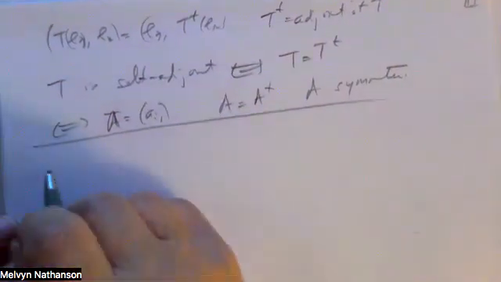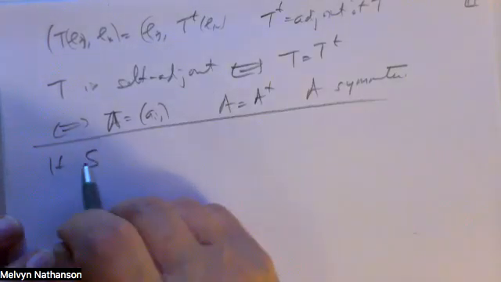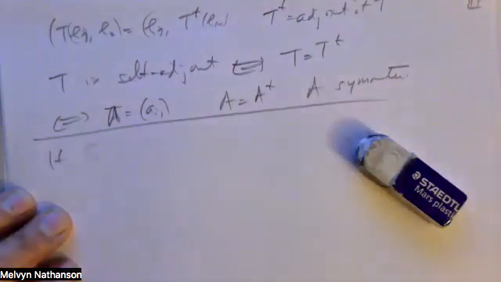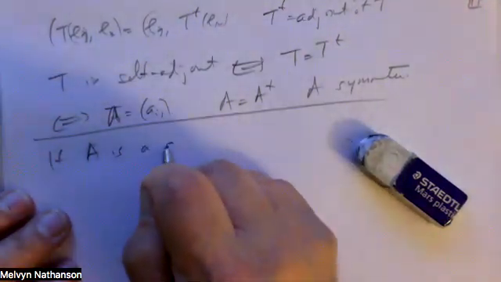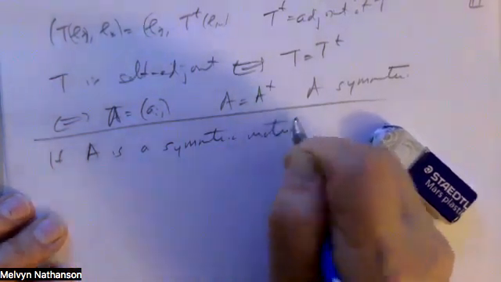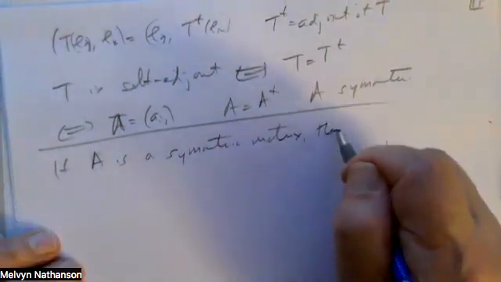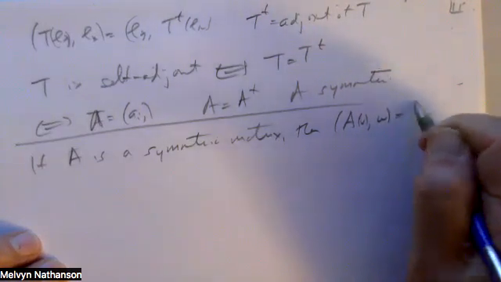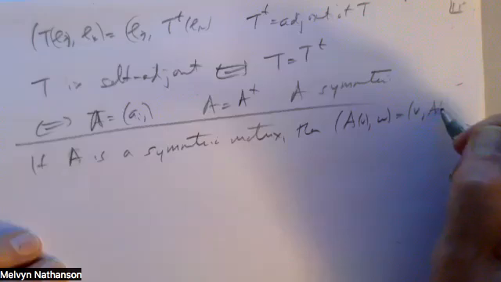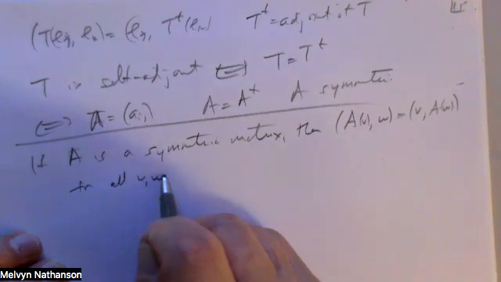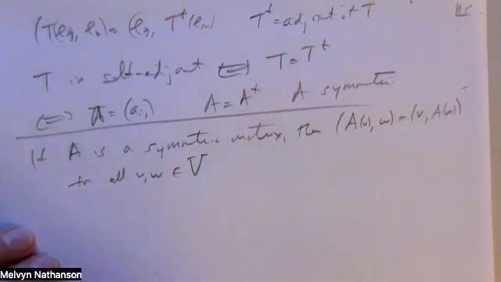So the bottom line is that if A is a symmetric matrix, then the inner product of A of V and W is the inner product of V and A of W, for all V and W in my vector space.